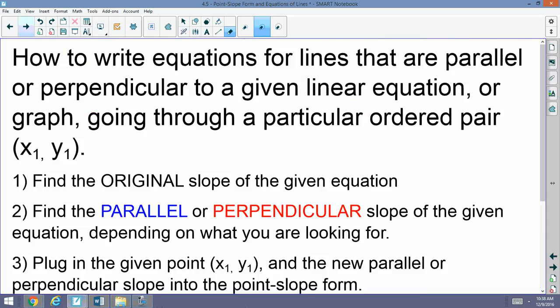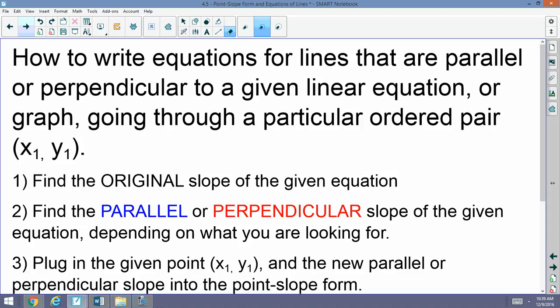Now, here we go, guys. If you know point-slope form, we can easily segue into perpendicular and parallel lines: how to write equations for lines that are parallel or perpendicular to a given linear equation or graph, going through a particular ordered pair x1, y1. We already learned about parallel and perpendicular lines.